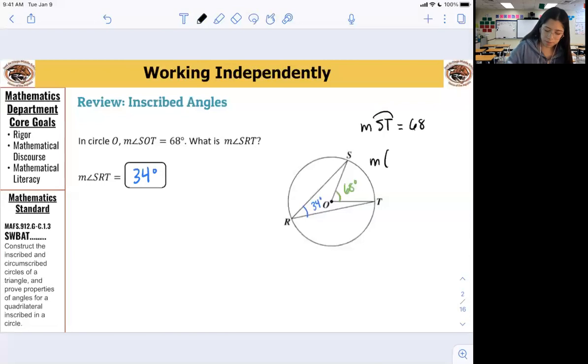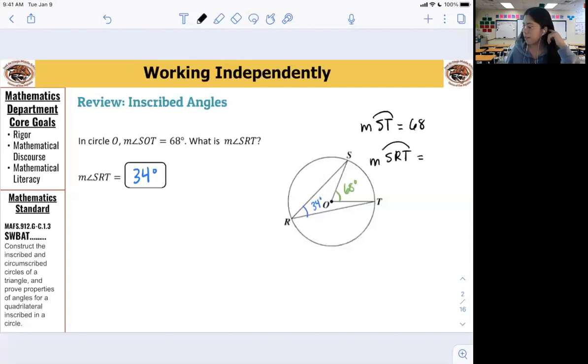What's the measure of arc SRT? $104. It's not 104.